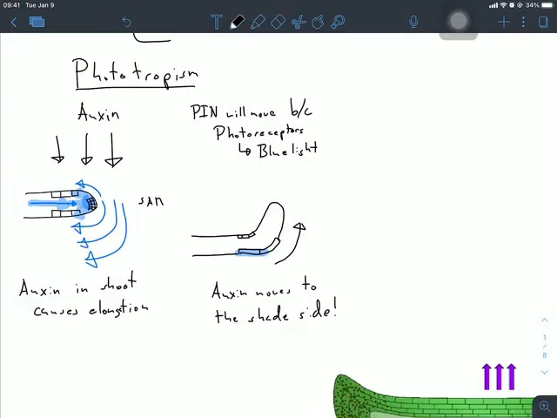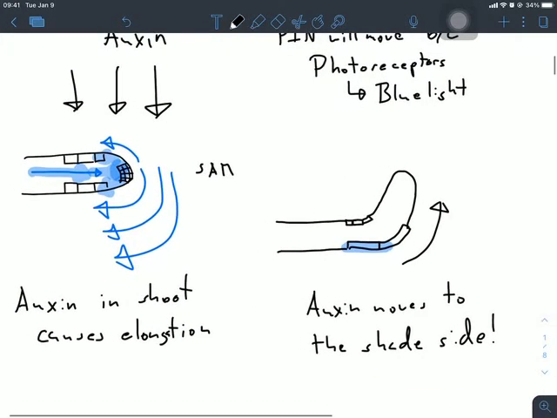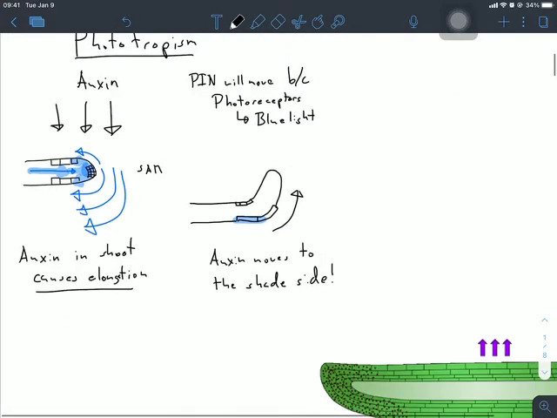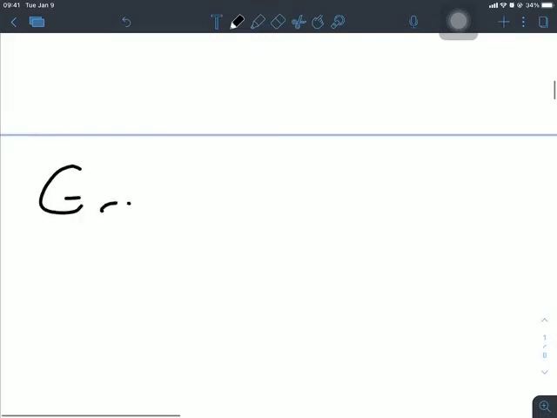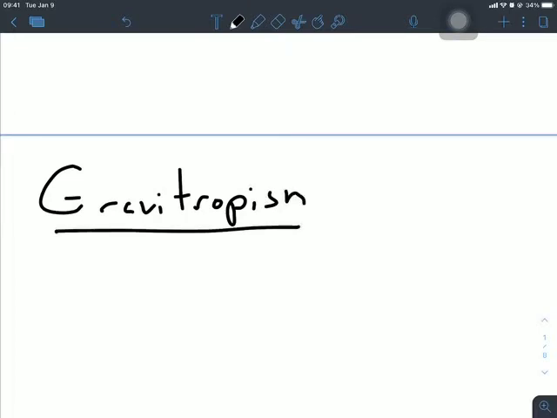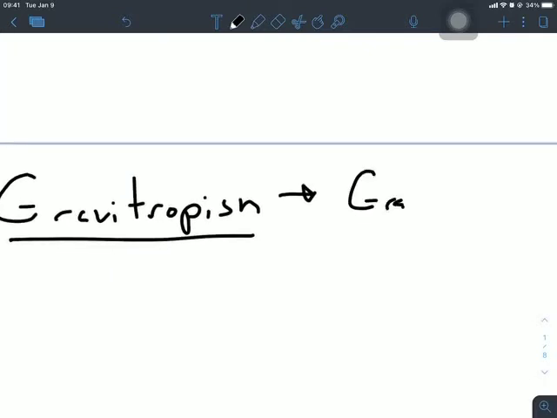Now, this methodology where auxin causes elongation when it's at a higher concentration in the shoot will be different when we talk about gravitropism. In gravitropism, the plant is responding to gravity, and the hormone playing a role is still auxin.